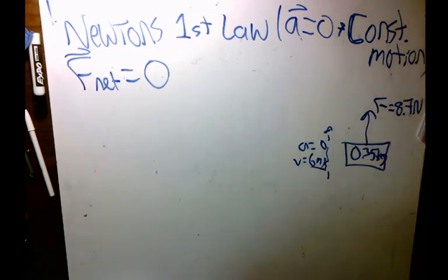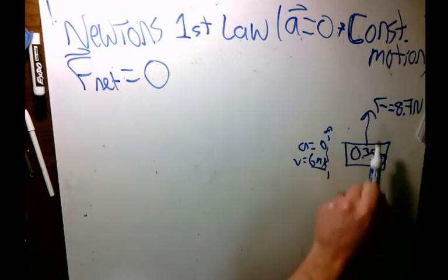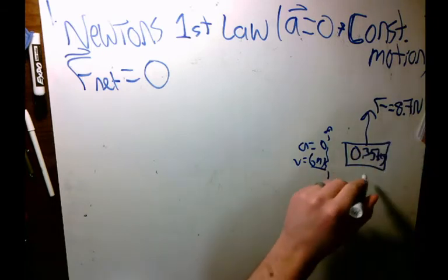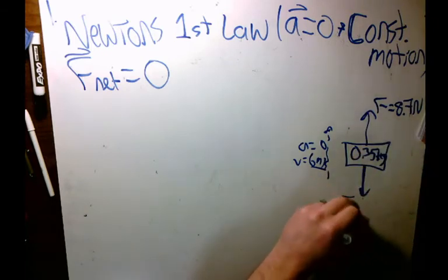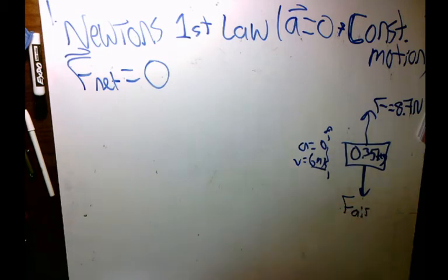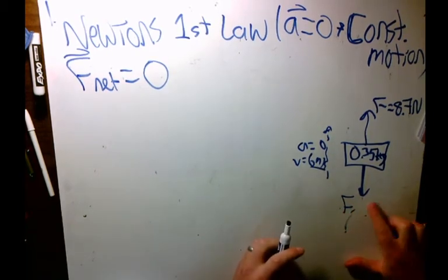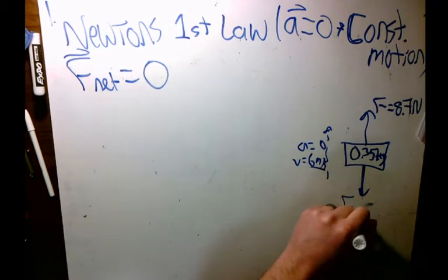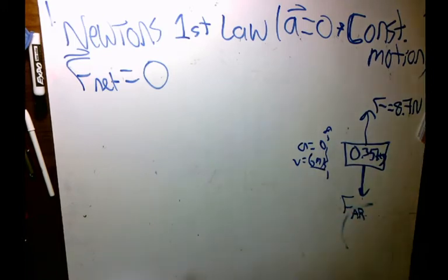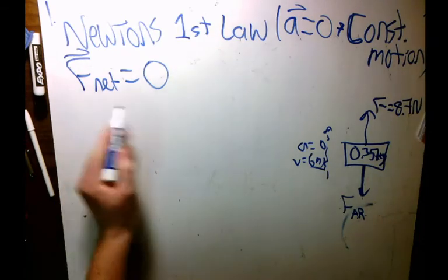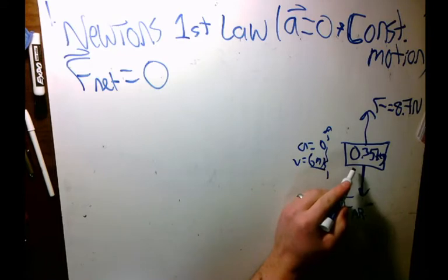All right, so if it's being pulled up with 8.7 newtons, we need to figure out what the force of air resistance, or better yet, we'll call it AR, is in order to keep this object from accelerating. So we know that the net force acting on this object is 0, right?